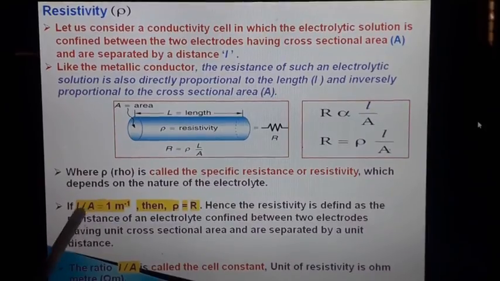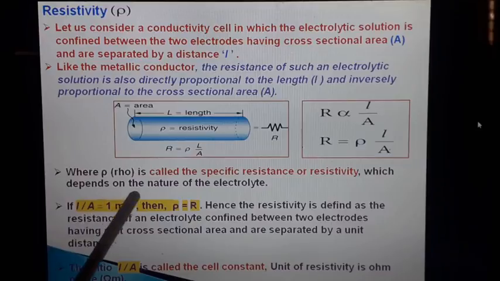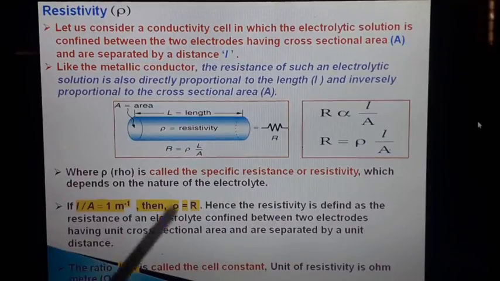If L by A is equal to 1 per meter, then rho is equal to R. So the resistivity is defined as, and this is an important 2-mark question, what is resistivity? The resistance of the electrolyte confined between two electrodes having unit cross-sectional area and separated by unit distance.